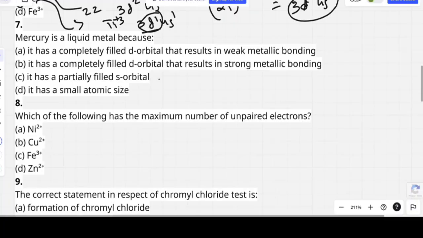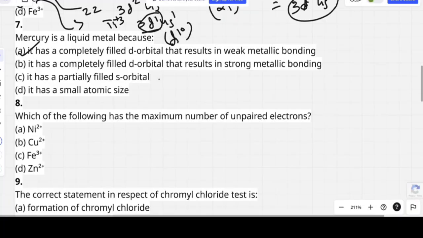So this results in weak metallic bonding. Metallic bonding depends on the number of unpaired d electrons. So option A is correct.